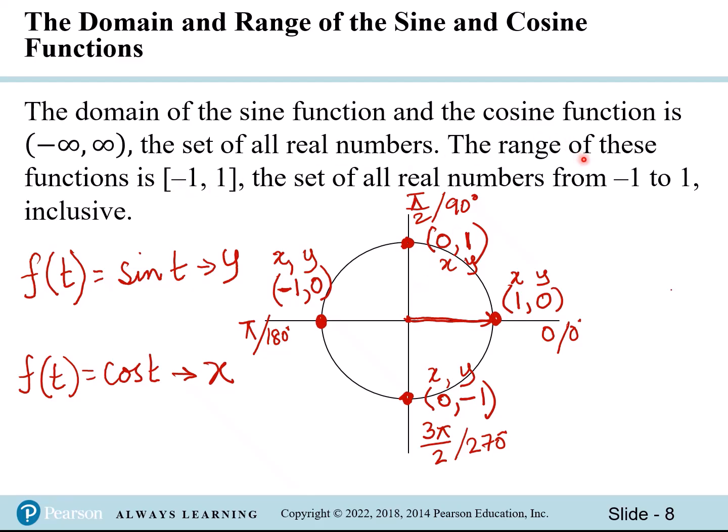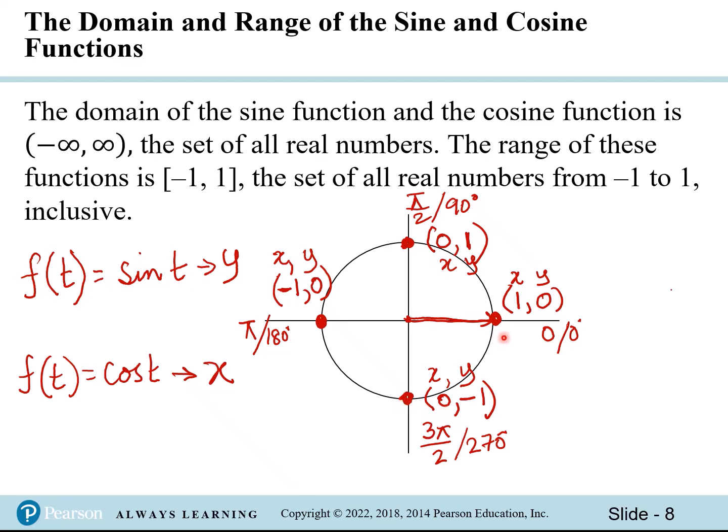If you look at the cosine function, you'll notice the same thing, only that x starts with a value of 1, the angle is 0 radians, and then it decreases to a 0, then it gets as low as -1, then it starts increasing again, becomes a 0, and then once we go around, it becomes +1.